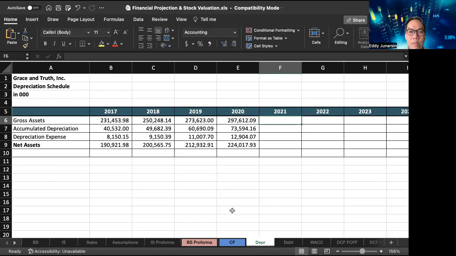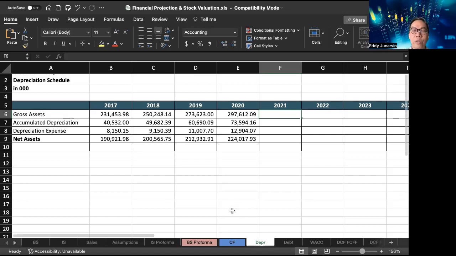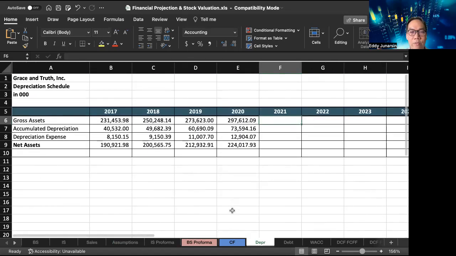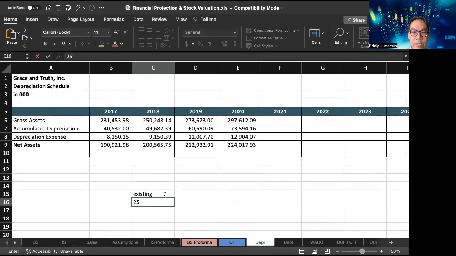In real life, this would require quite tedious work because we need to map. For example, we need to have a list of the existing fixed assets. Maybe you have 25 machinery and equipment, and when did we get them?